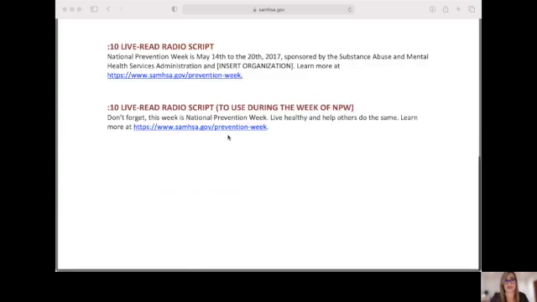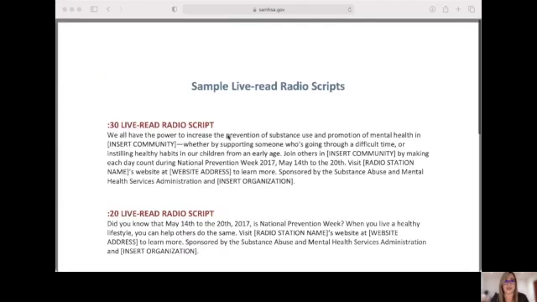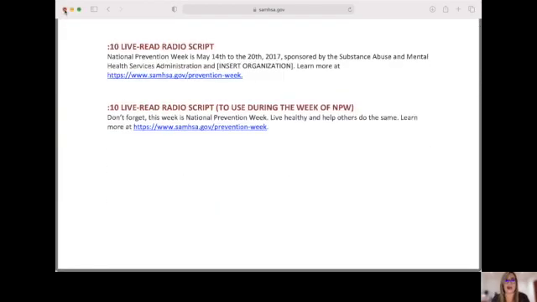And then the last one there to be used during National Prevention Week. Don't forget, this week is National Prevention Week. Live healthy and help others do the same. Learn more at www.samhsa.gov/prevention-week.